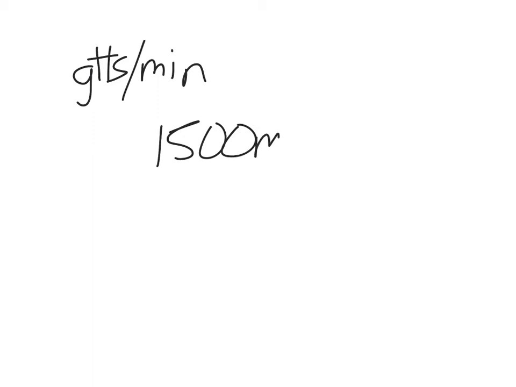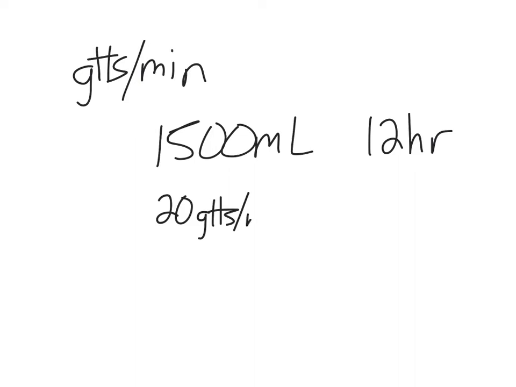If I'm asked to calculate this, again, if it tells me you need to find drops per minute, those are the three things I need. So if, let's say, a physician orders 1,500 milliliters over the course of, let's say, 12 hours, using a drop factor of, let's just say 20. So a 20 drops per milliliter infusion rate.